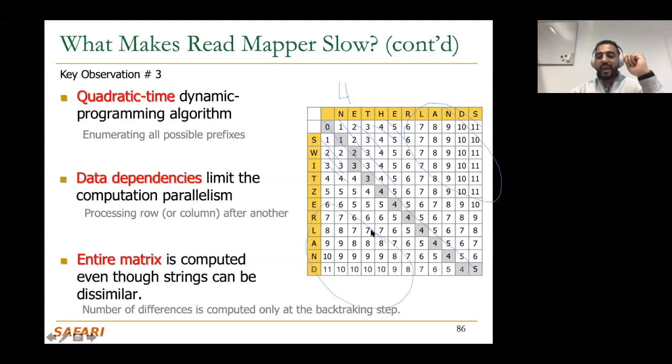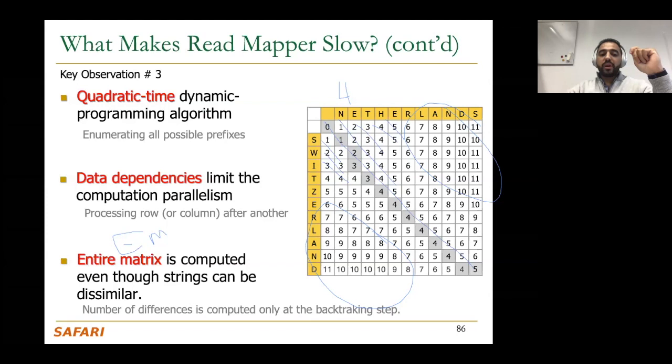So in that case, the minimum or the lower bound on the dynamic programming computation might be somewhere between E and M or N, where M is the read length or the sequence length here, and E is the edit distance threshold.